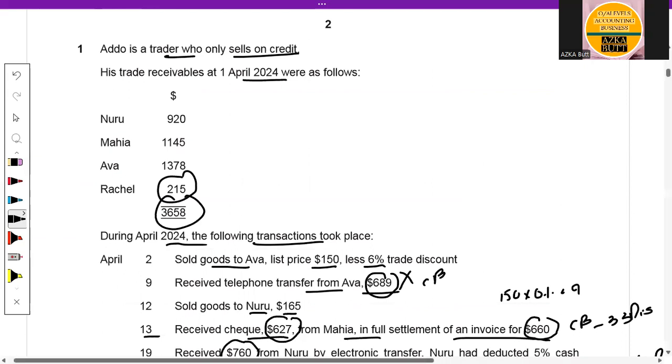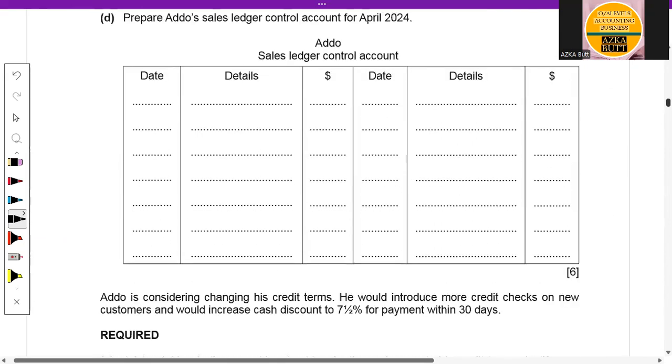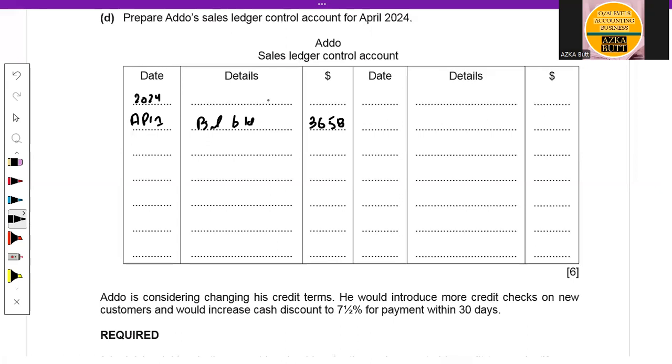So on 2024, April 1, the balance b/d would be 3658.